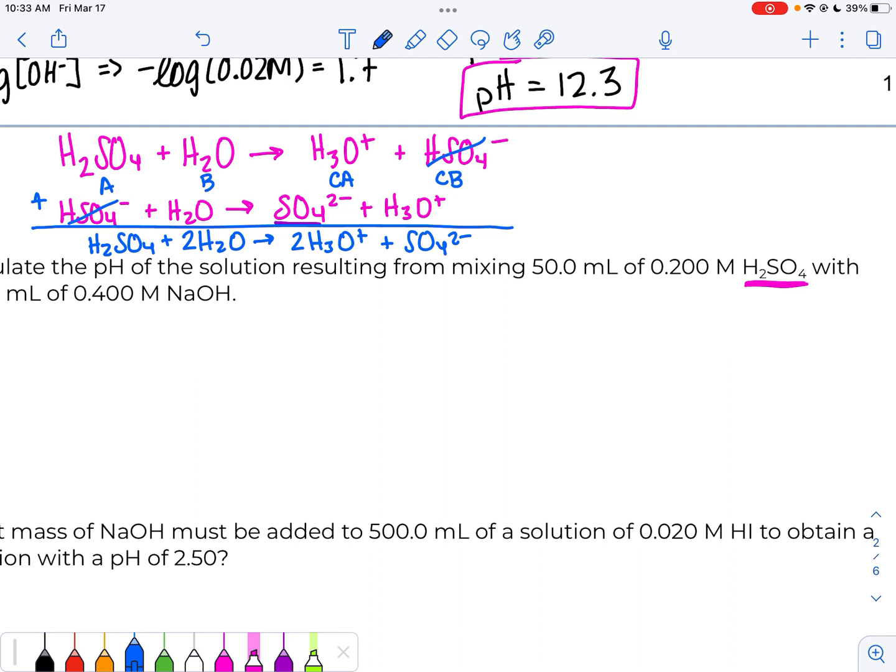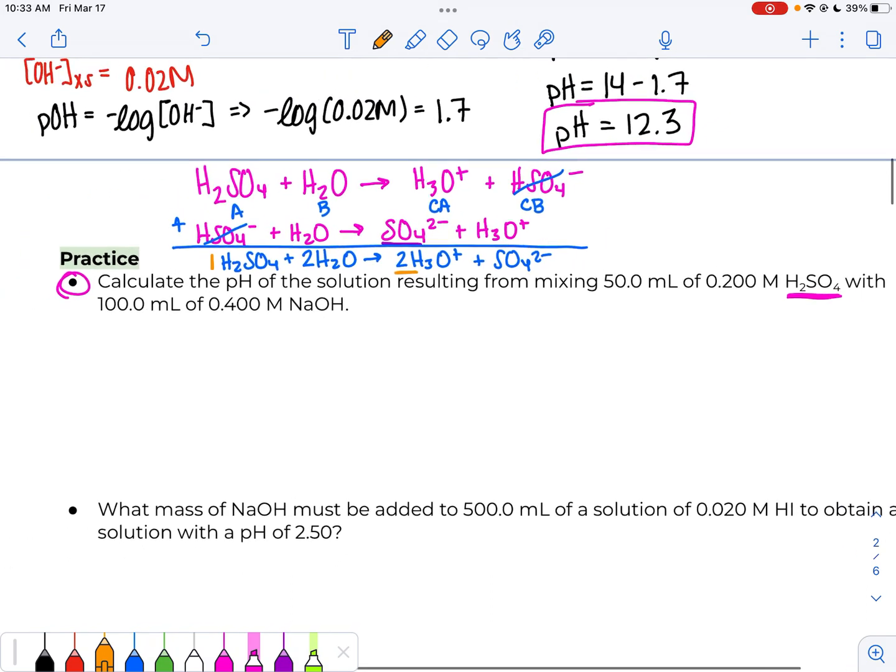So what this is showing is that when this reacts, for every 1 mole of sulfuric acid, you're producing 2 moles of your hydronium ions. So this is actually going to take a little bit of extra work when we do our dilution. We can't just use a classic M1V1. What we're actually still doing is a dilution, but the way that I'm going to show you how to break it up is a little bit more like how we see our traditional stoich in our dimensional analysis.